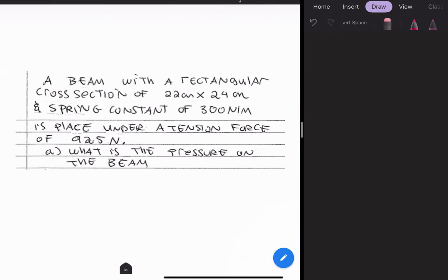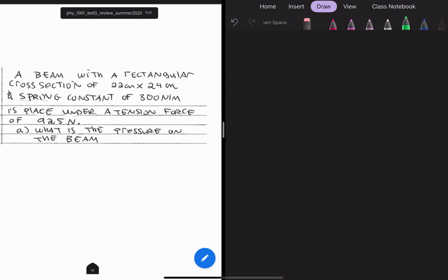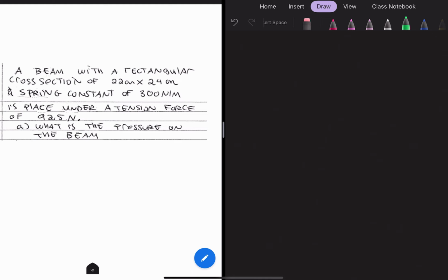Alright, so let's see what we have here. You have 22 cm by 24 cm, so that's 22 times 10 to the minus 2 meters by 24 times 10 to the minus 2 meters, so that's a meter squared, so that's going to be an area.